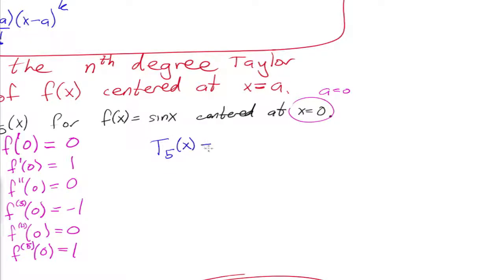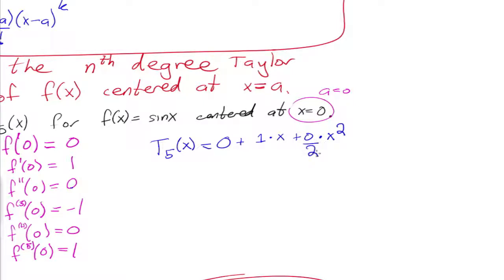So T5 of x, the fifth degree Taylor polynomial, is equal to, what's the first term? 0, right? So it's f of 0, which is 0, okay, plus f prime of 0, which is 1 times x minus a, but what is a? A is 0, right? So it's just going to be x. Okay, and then the next term is plus the second derivative at 0, which is 0 times x squared over 2.